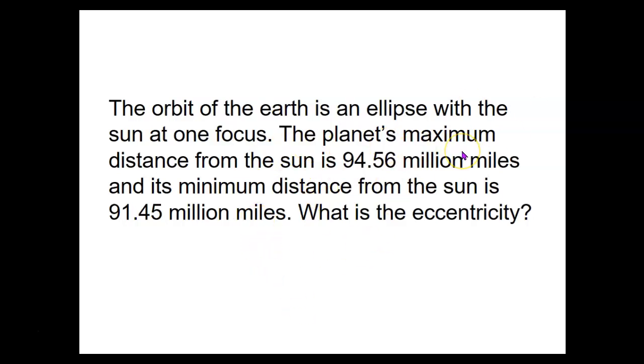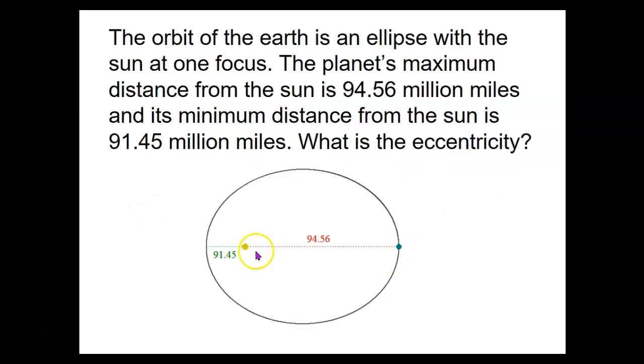So let's see if we can visualize what's going on here. The orbit of the Earth is an ellipse, and the Sun is at one focus. As the Earth goes around the Sun, sometimes it's farther away and sometimes it's closer.